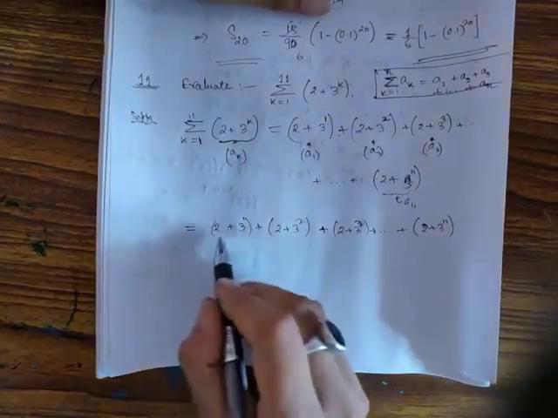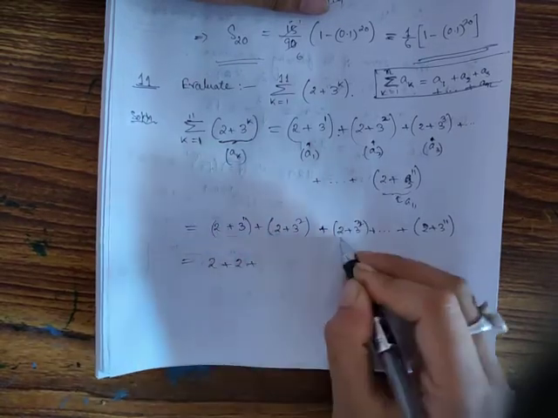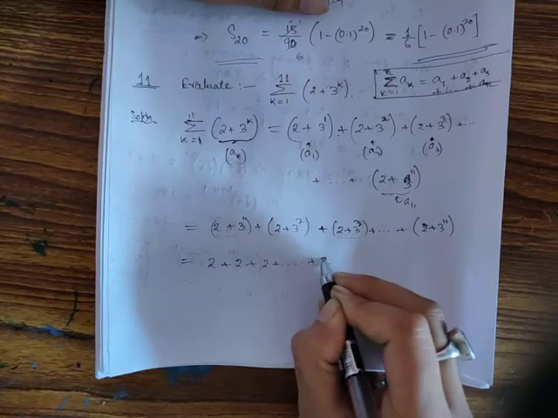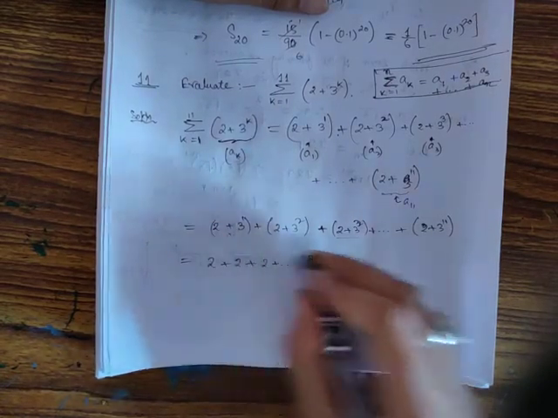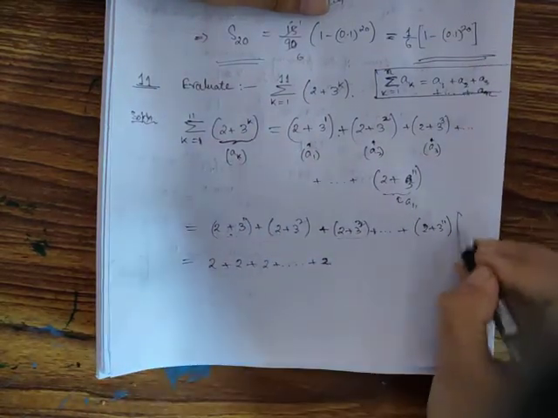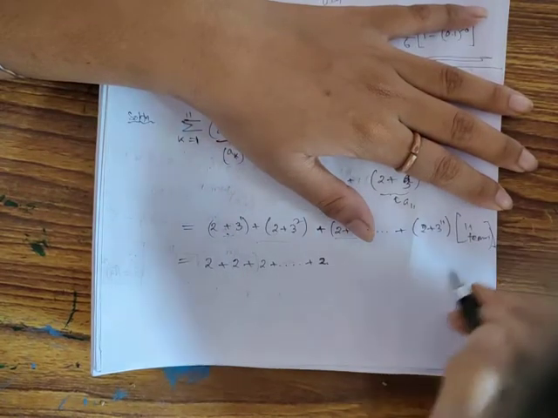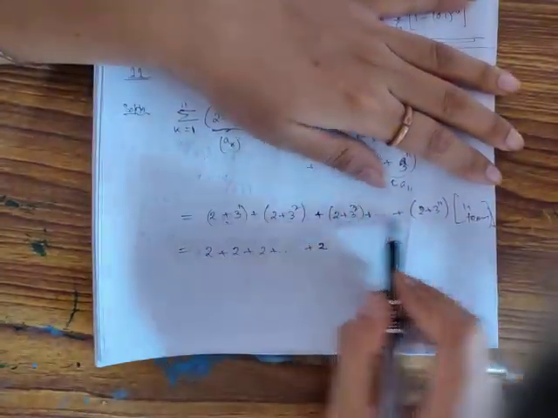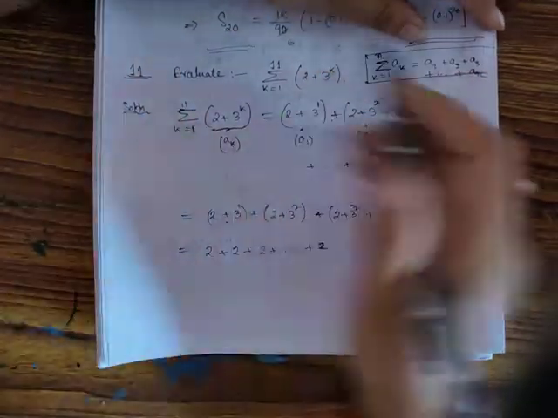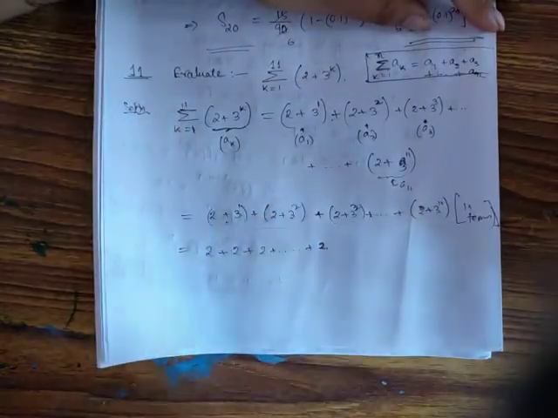Now our first term has a 2, the second term has a 2, and the third term also has a 2. From here to here, how many terms do we have? 11 terms, because k equals 11; k goes from 1 to 11.